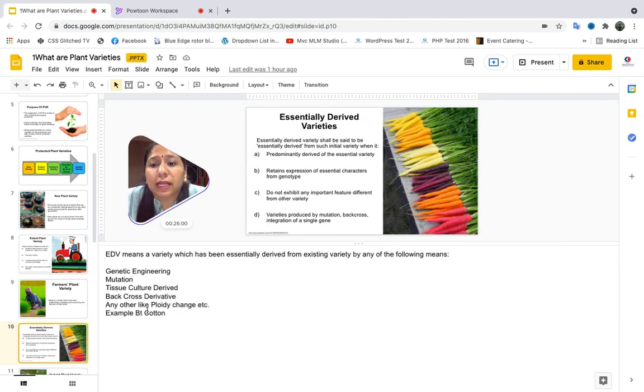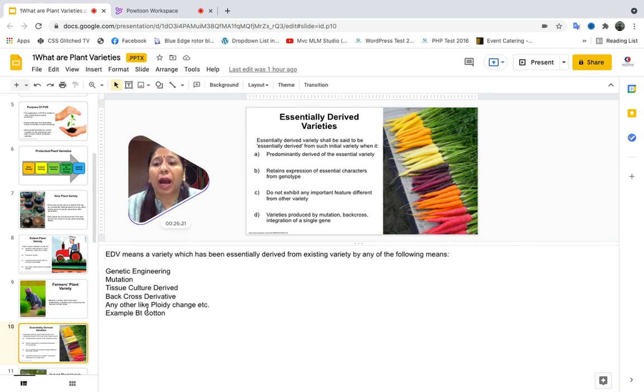Now, the next is essentially derived varieties. As the name suggests, these varieties are derived. These varieties are basically derived from pre-existing varieties. Now, what could be a means of deriving these varieties? It could be via genetic engineering, via mutation, or via tissue culture derivation.